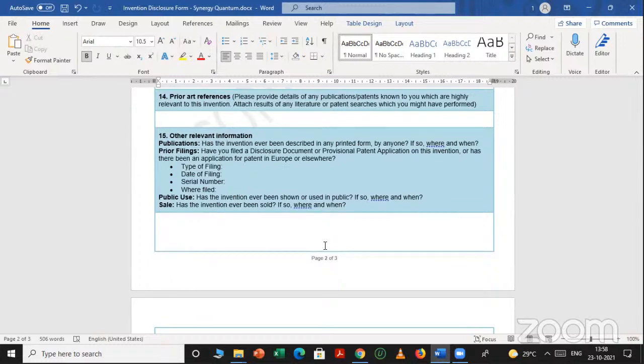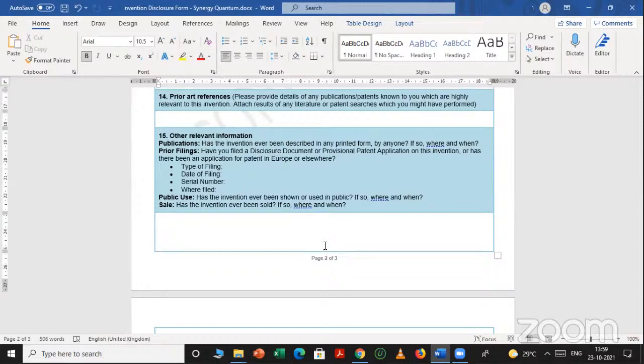Suppose any of you is a PhD student who is about to submit his PhD, and has published 5 papers in a good journal with good impact factor, and now that student wants to convert one of their published research papers into an invention. If you have your idea or your research material published in any manner anywhere in the world, mention it, because this is going to help the attorney.